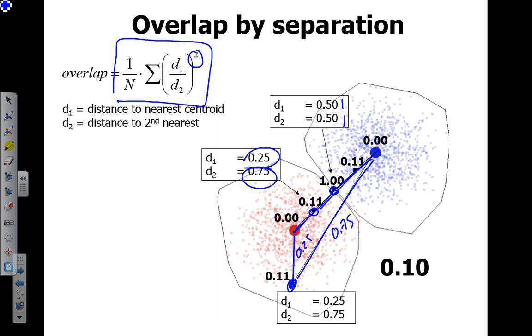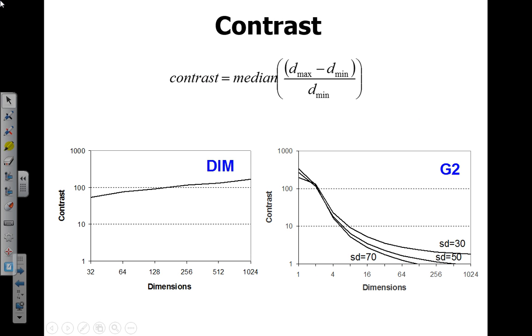So again, the confusion ratio is 0.11 for that point. Then we sum it all up and take the average confusion as the overlap estimation for this data set.